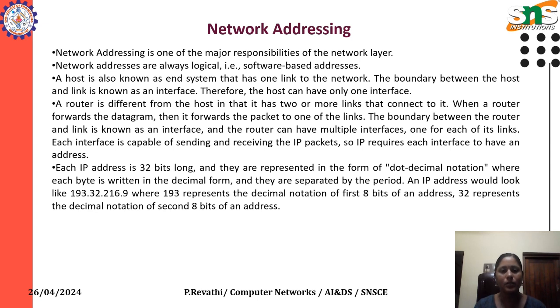An IP address would look like 193.32.216.9, where 193 represents the decimal notation of first 8 bits of an address. 32 represents the decimal notation of second 8 bits of an address.